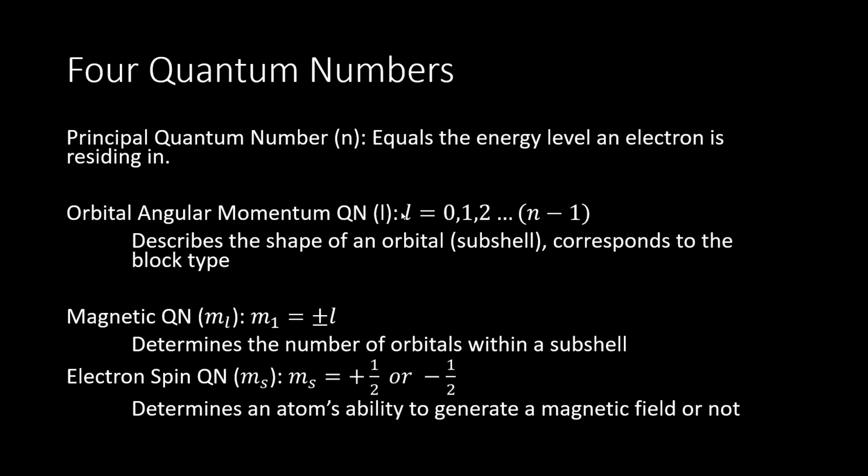The angular momentum l starts at 0, and it can get as high for a particular energy level as the energy level minus 1. So for the first energy level, 1 minus 1 is 0, so l can only be 0. For the second energy level, 2 minus 1, l can get as high as 1, so 0 or 1.